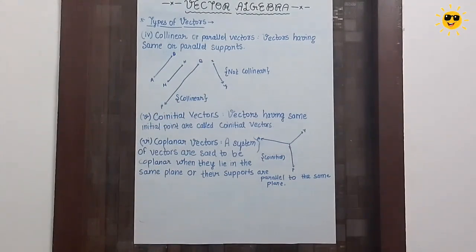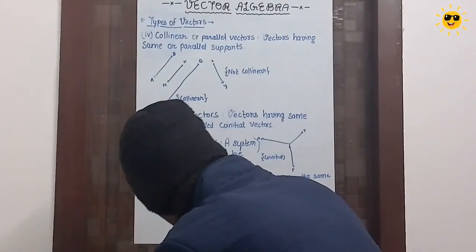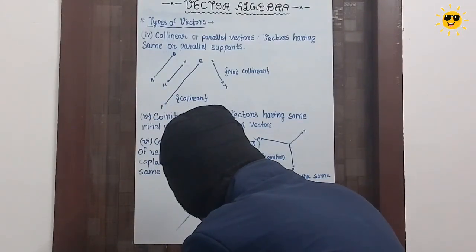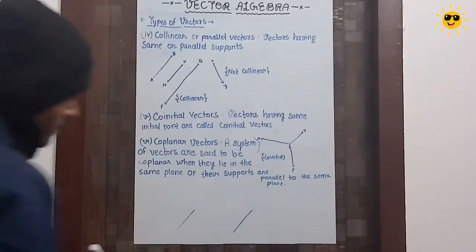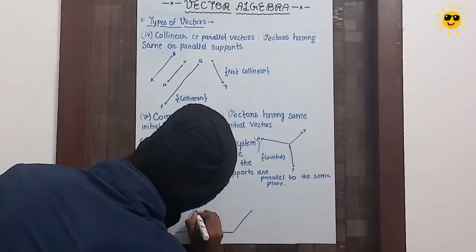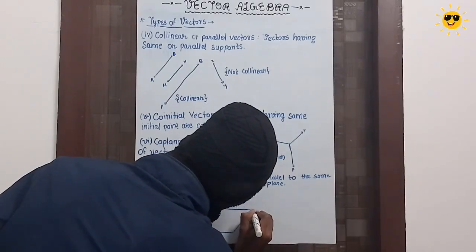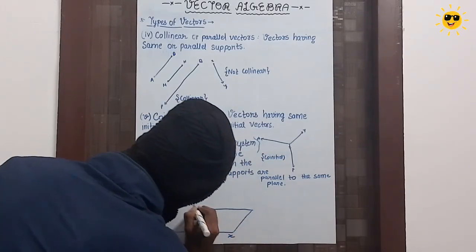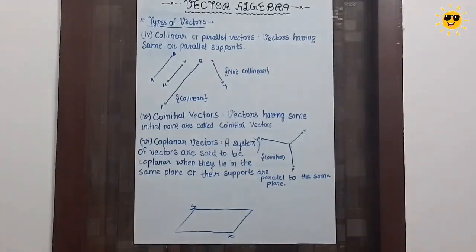So to understand this, I will make a plane here. What is a plane? Everything is a plane. You can see here, this is the XY plane.